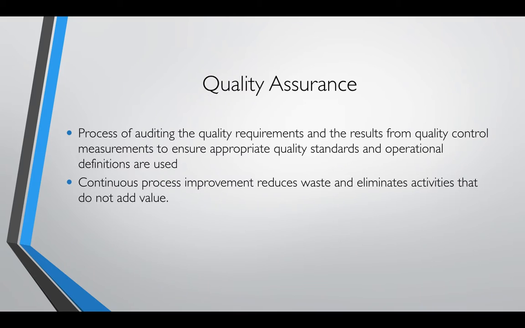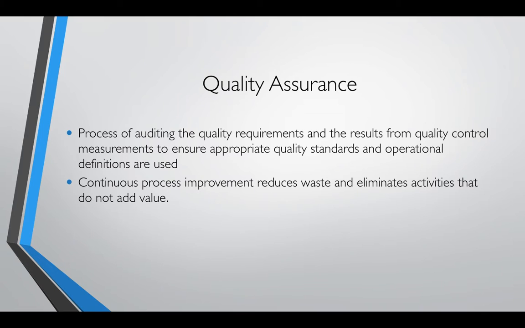Also, continuous process improvement reduces waste and eliminates activities that do not add value. Okay, so what does this tell us about quality assurance? To sum it up, quality assurance is basically going to be the checks and are these standards being met? What are the control measures? Are those measures being implemented? Are those measures being met?